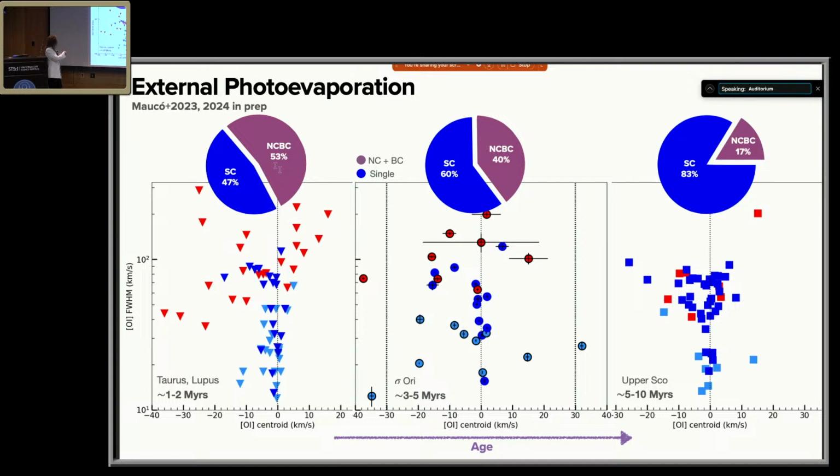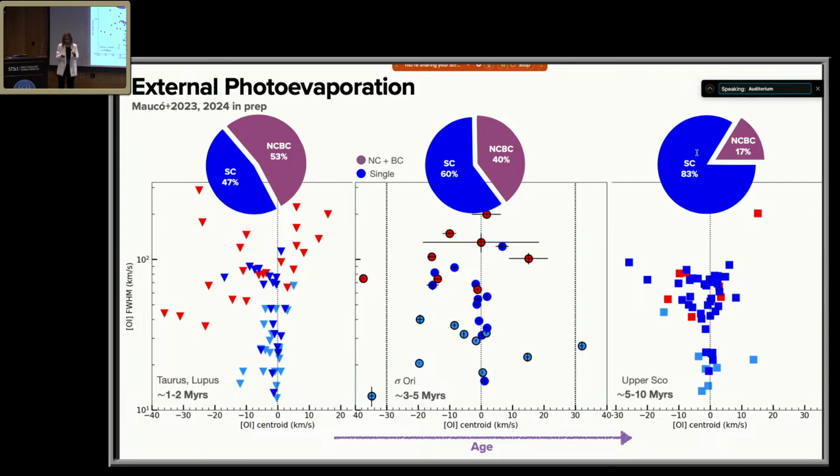And if you see how common the single component is with respect to the narrow and broad component, you can really see that Sigma Orionis seems to be in an intermediate stage here. So you have mostly more or less 50-50 from the single component and the narrow and broad component, as compared with younger regions where you have more narrow and broad components, and also compared with older regions where you have mainly single components. So it's very cool that you can start looking at these evolutionary trends with age by looking at this oxygen 1 line.